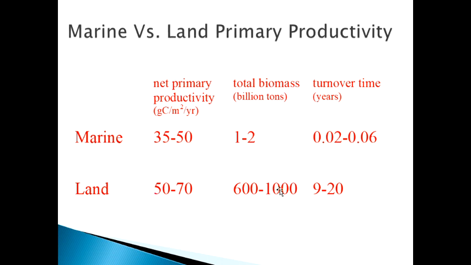The total biomass, though, is much, much lower because all of this productivity in the oceans is gobbled up, and that's reflected in this turnover time. On land, here's this net primary productivity each year, but the standing crop is much, much larger, so the turnover time is very long still.